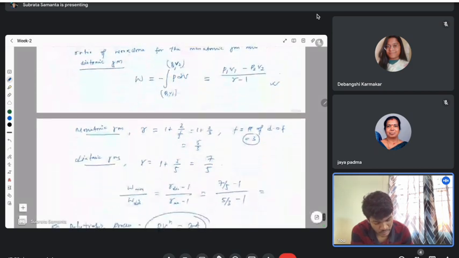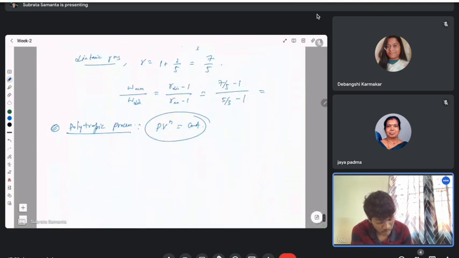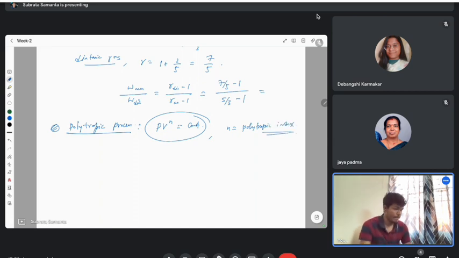The polytropic process is PV to the power n equals constant, where n is the polytropic index. For different values of n, we get different processes.